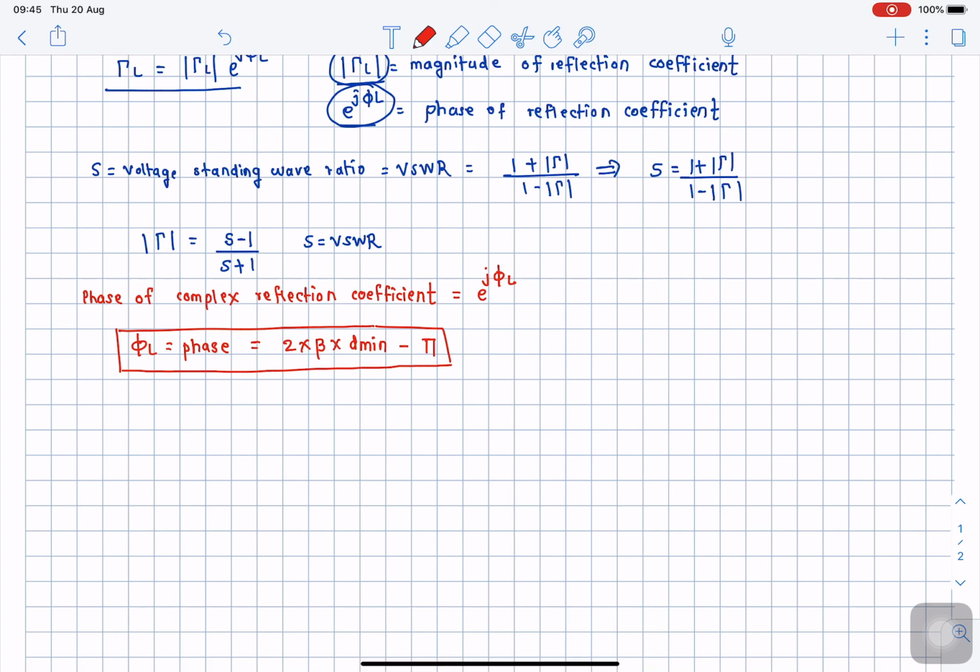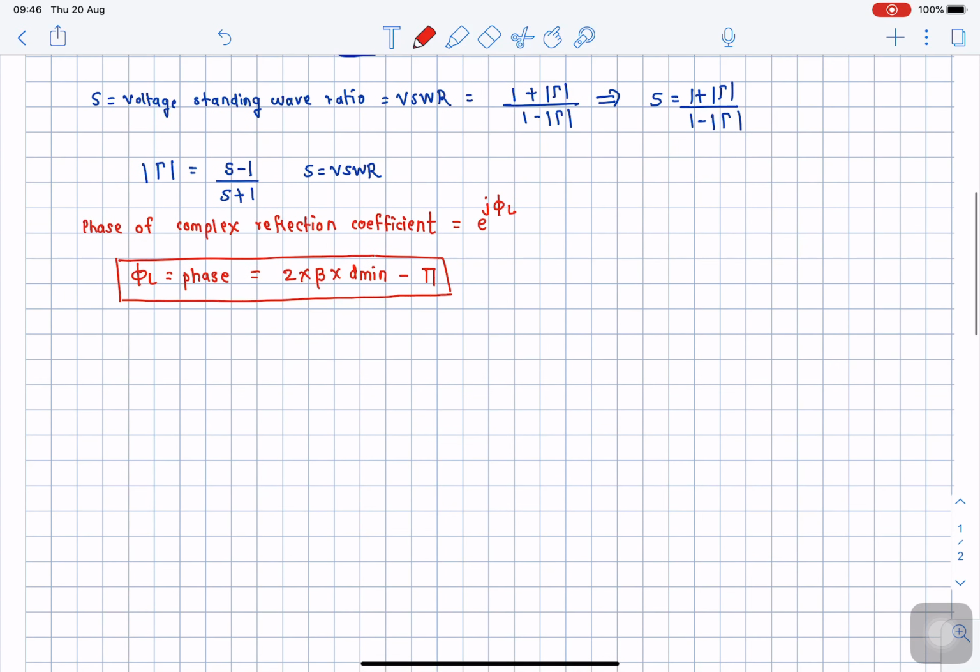It is given by 2 multiplied by beta multiplied by d minimum, where beta is the phase shift constant. Now how is it given?